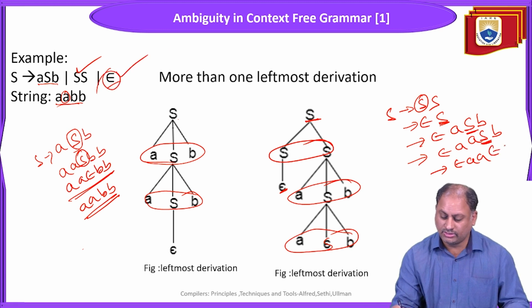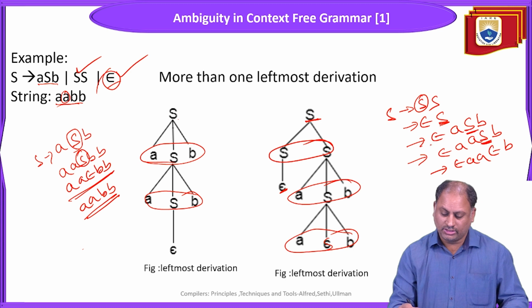So we applied epsilon B. That means here S derives ASB, that is S derives A epsilon B.